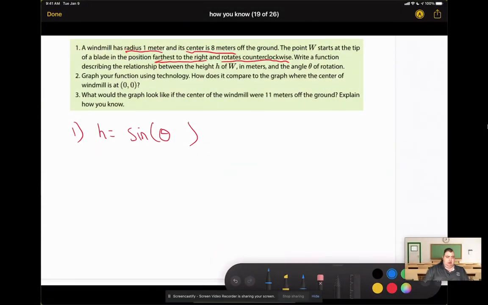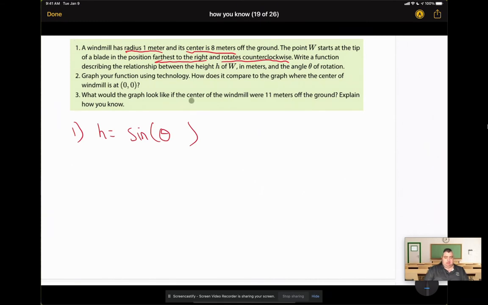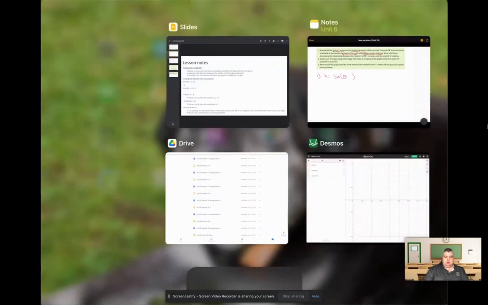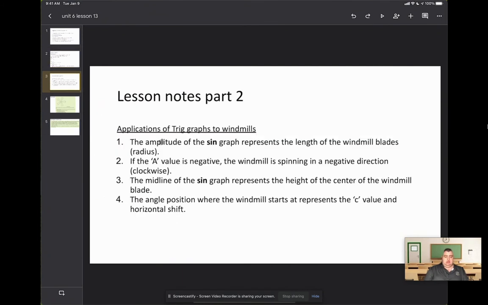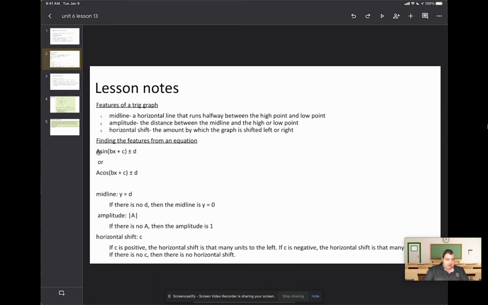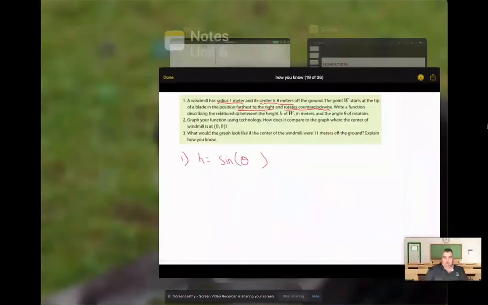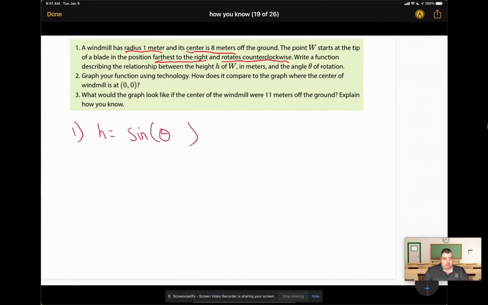So let's start with our radius of 1 meter. So our radius of 1 meter tells me that the amplitude is 1. So the radius is 1 meter, so the amplitude is 1, which means the A value in front of sine is 1. The only question is it going to be a positive 1 or a negative 1?